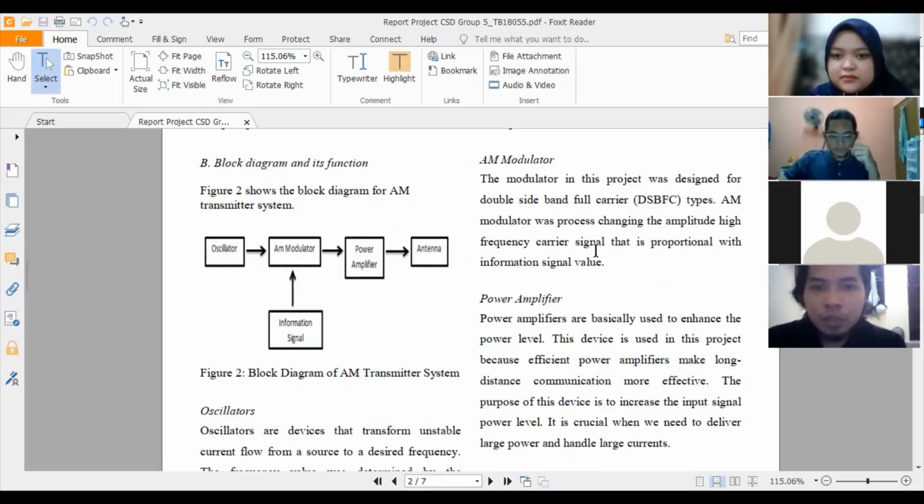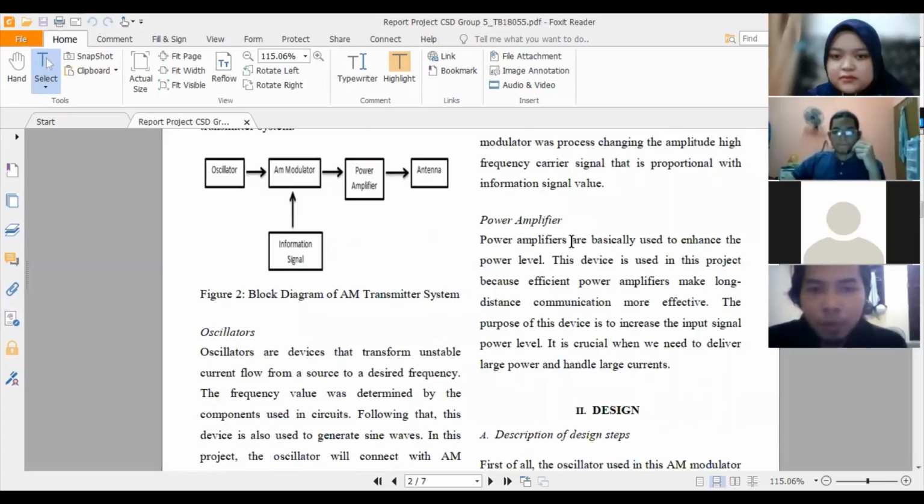AM modulation is the process of changing the amplitude at a frequency, and the power amplifier is used to enhance the power level. The power amplifier transmits to the antenna, and the antenna will communicate over long distance.